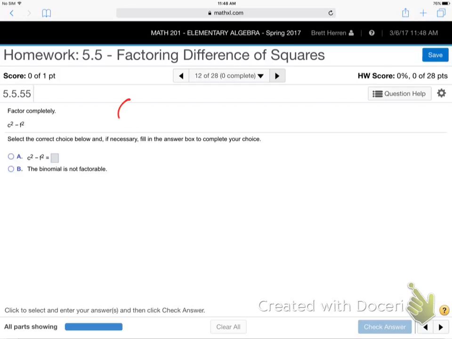All right. C squared minus T squared. Try that one. 2 terms. What are you going to do? It's another FL, right?